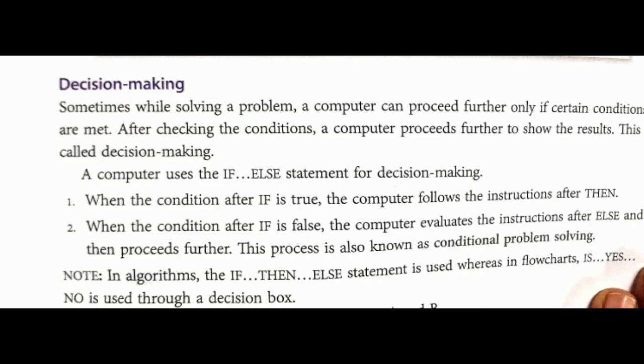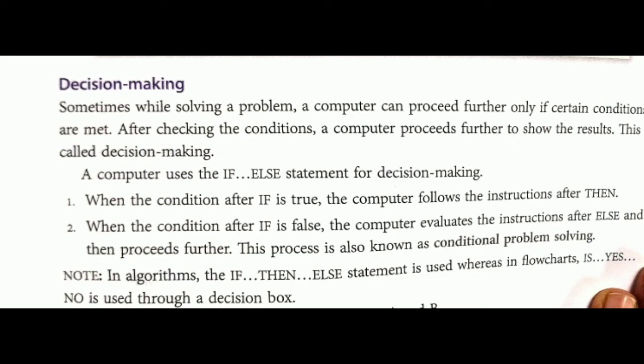This topic is about decision making. Sometimes while we are solving a problem, certain types of conditions come. For example, if A greater than B, if A greater than 150. These are conditions, and for this type of condition either true or false comes.